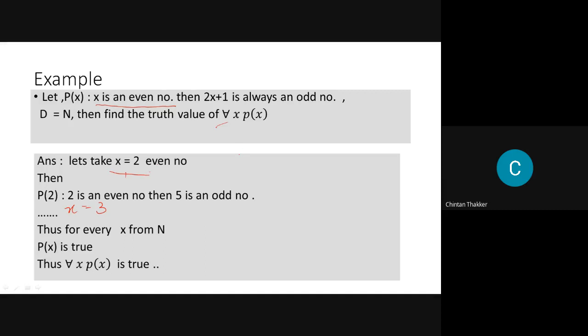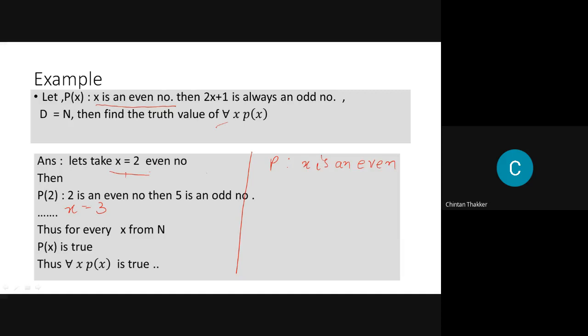The second method, we write two statements. One is P. So P is x is an even number.